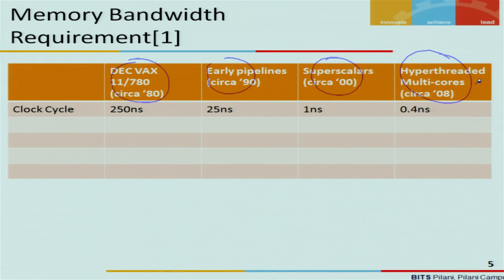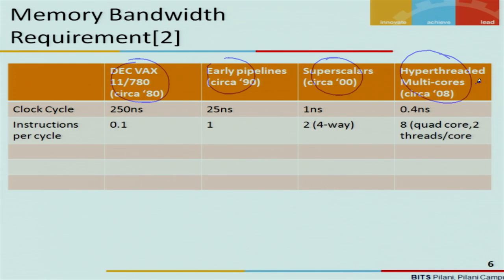What is the difference between these processors in terms of clock cycle? As we progress, the cycle time is reducing. Reduced cycle time means the processor becomes more powerful and faster in the number of operations it can perform.